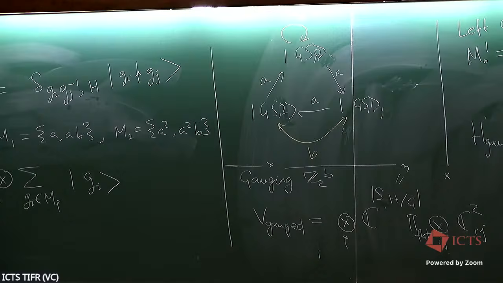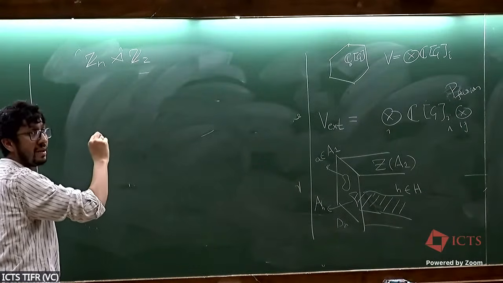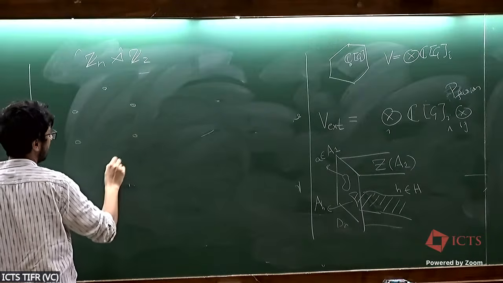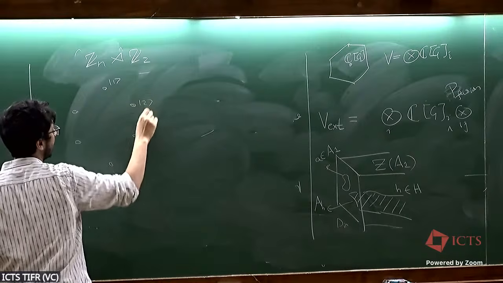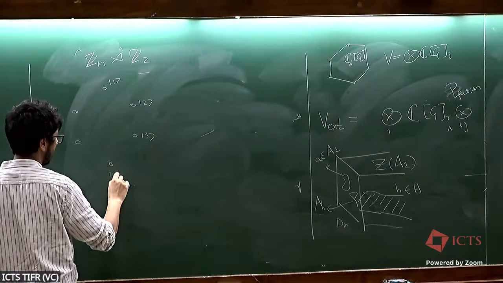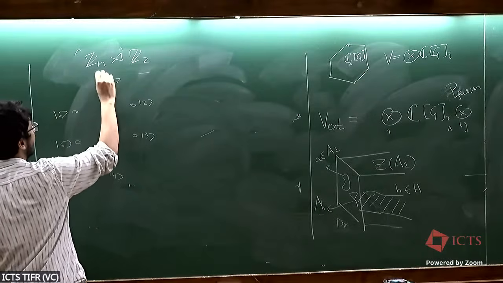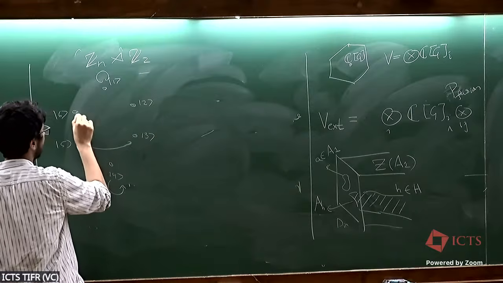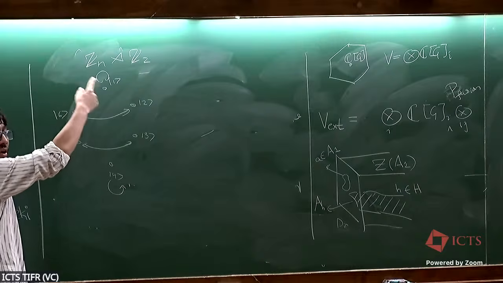A mild generalization would be if you start with some dihedral group and you have a Zn SSB, let's say n is equal to 6. Then you have six ground states, 0, 1, 2, and so on. Z2 acts like this, while Z6 just goes around the clock like that.